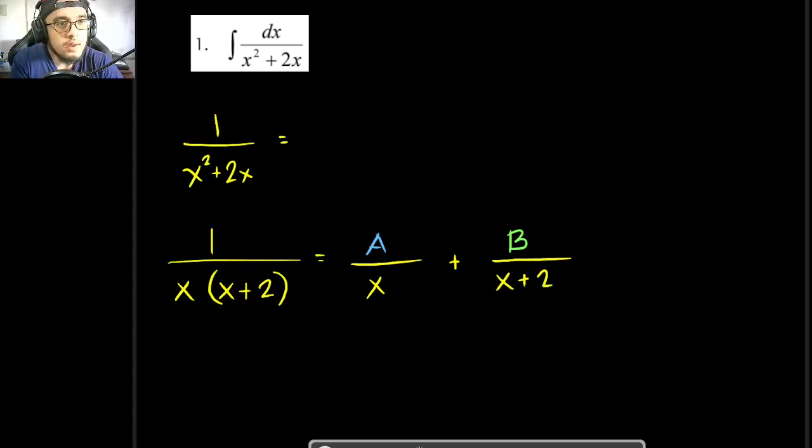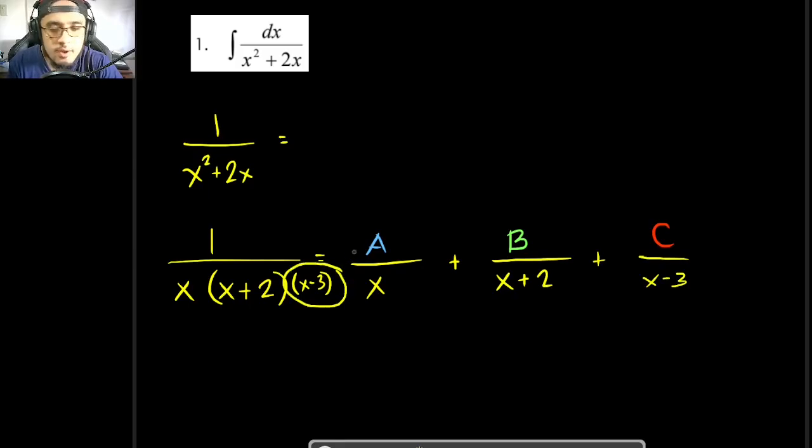Pretend that we still have another factor, say x minus 3. We would then introduce another coefficient, let's say c, divided by x minus 3. That's if you have this factor. But since we do not, we don't need to add another coefficient c, so I would just remove them.